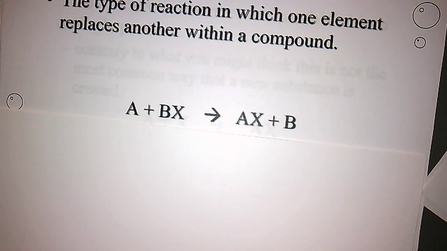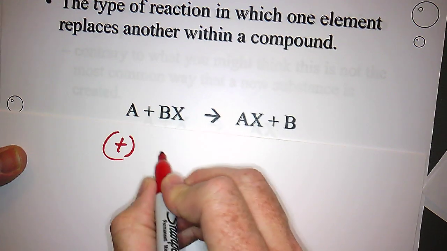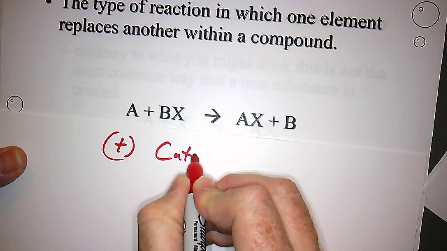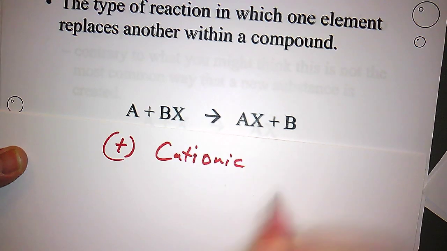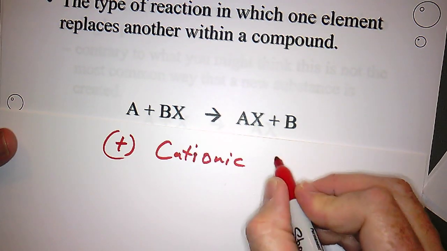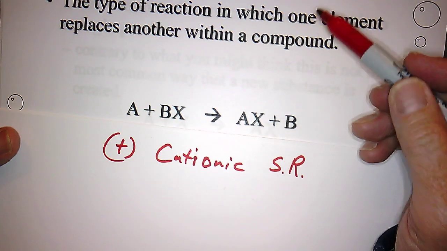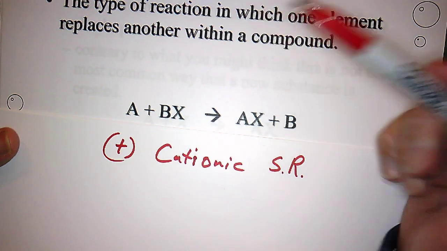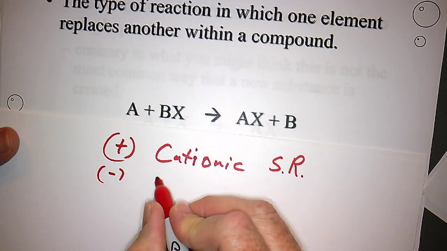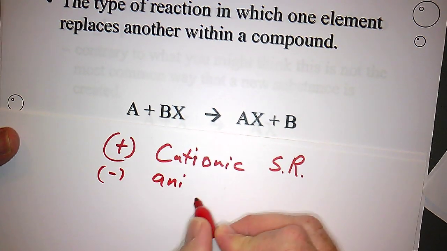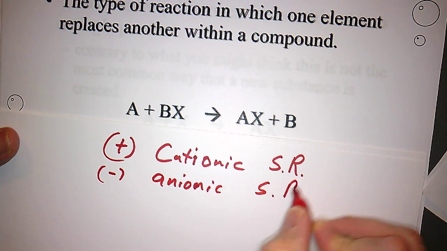If the positive ion, the metal, is what switches, we call that a cationic single replacement. Some books, some texts, some professors will refer to it as single displacement, same thing. If it's the negative ion, then we call it an anionic single replacement, okay?